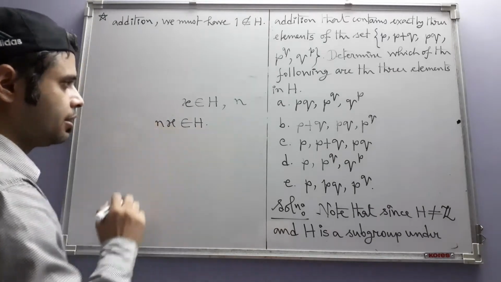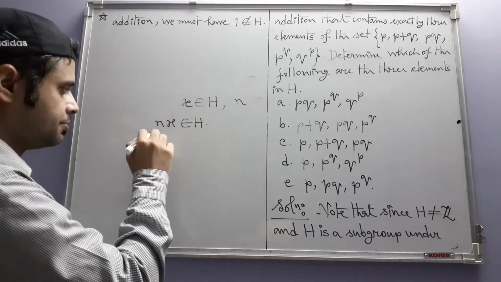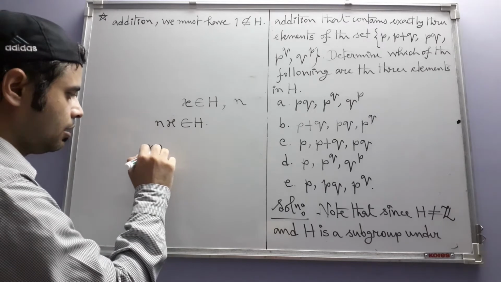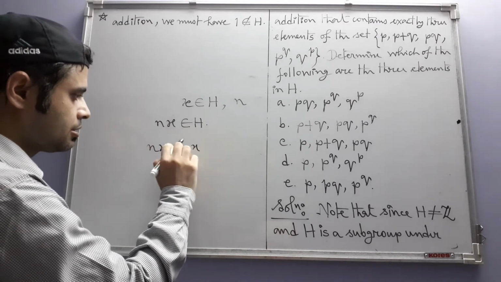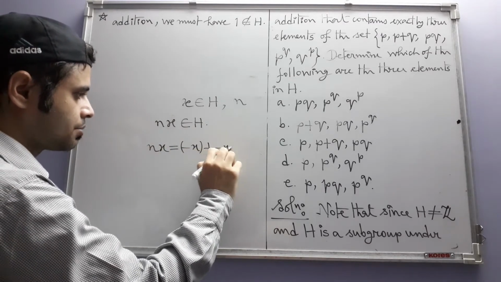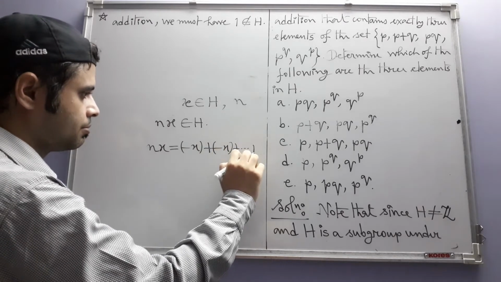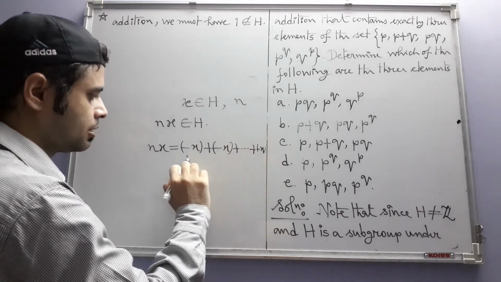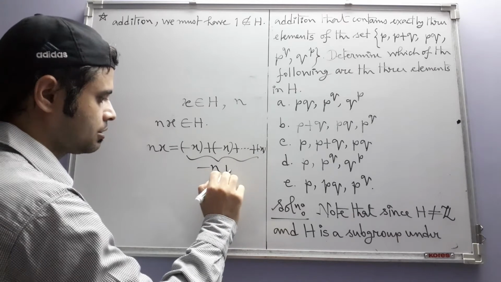If n is negative, then nx is minus x plus minus x, and so on, n times.